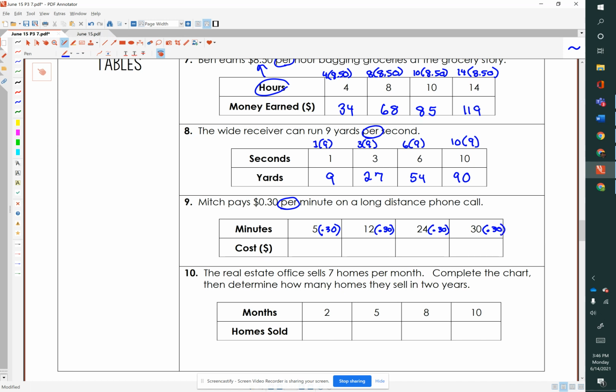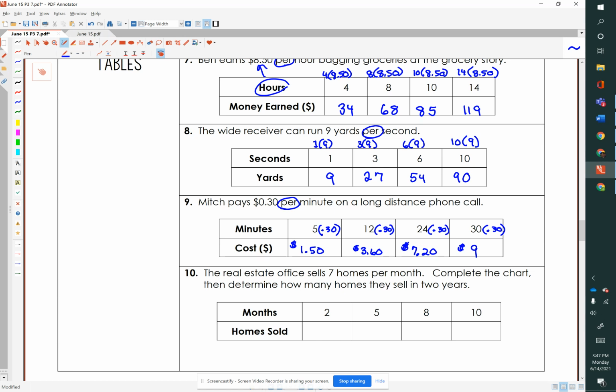And so when Mitch talks on the phone for 5 minutes, he spends $1.50. When Mitch talks on the phone for 12 minutes, he spends $3.60. When Mitch talks on the phone for 24 minutes, he pays $7.20. And when Mitch talks on the phone for a half hour, he pays $9.